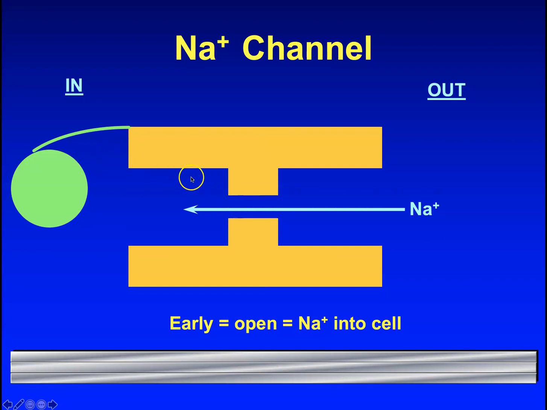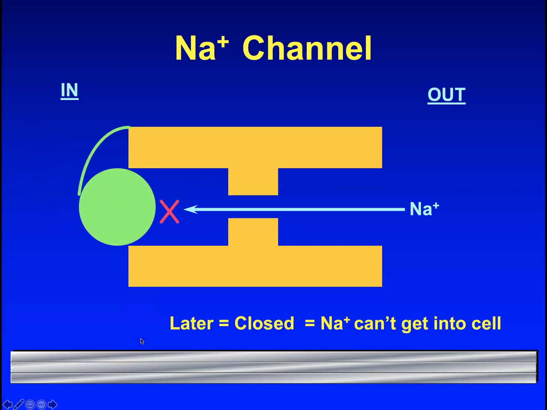At the same time that the fast gate opens, the slow gate gets the signal to close, but it's slow. And so it's going to take a millisecond or two until it finally closes. Once the slow gate closes, sodium can no longer come in because it's a door with two locks. This one was locked and then it opened, but now this one's locked. You can't get in anymore.